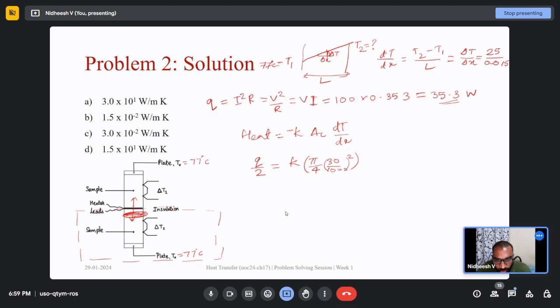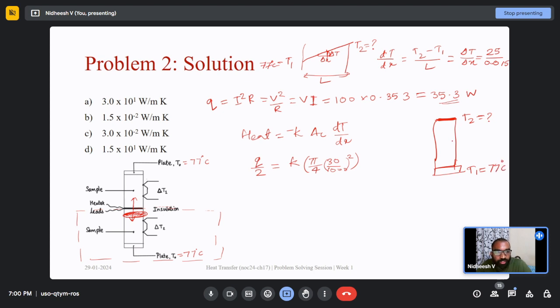I will draw it again so that it is clear. The heater is here, producing some heat, and it has some temperature T2 that we don't know. This heat is transferred through the sample, and at the end of the sample there is a plate at a temperature of 77 degrees Celsius.